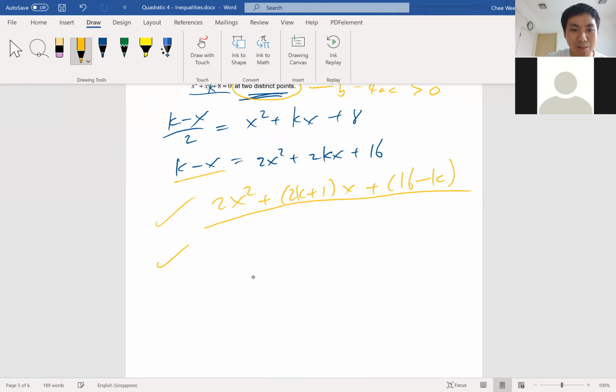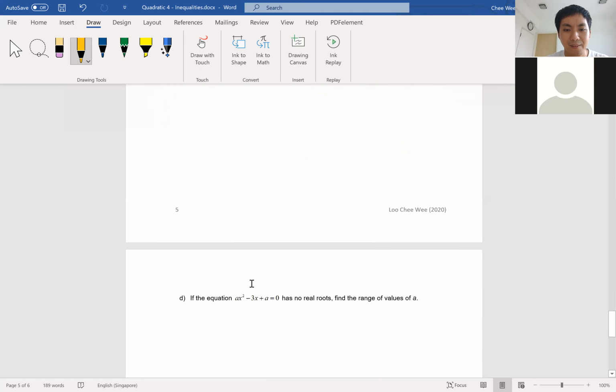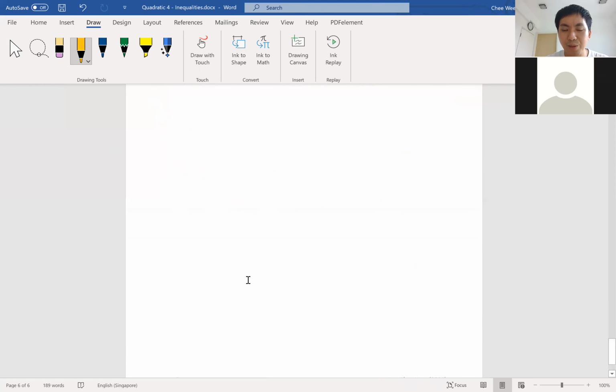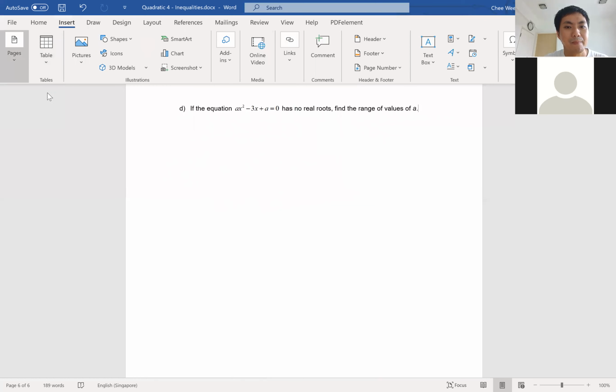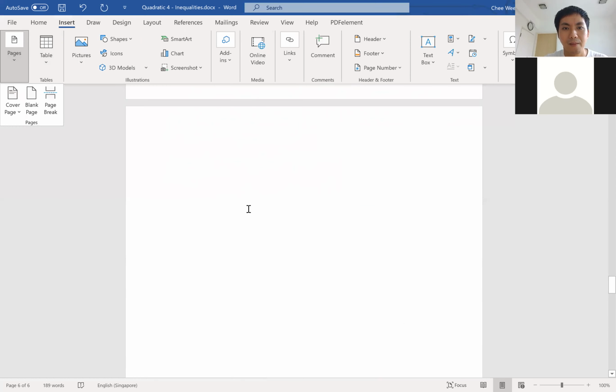But even so, I also need b squared minus 4ac to be positive, so I will also be sketching a U-shaped graph. If you look at this one, this is the one that is tied into what you are asking me.